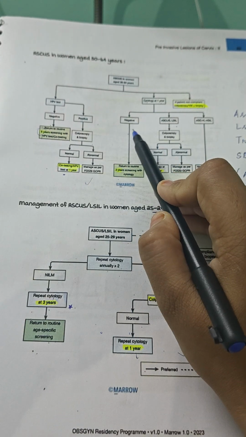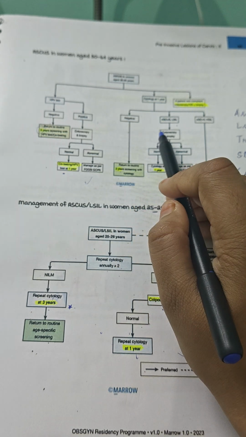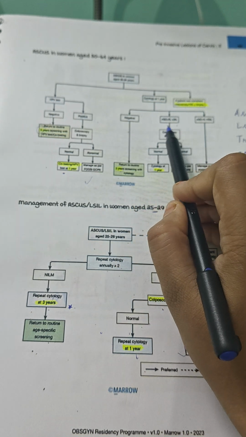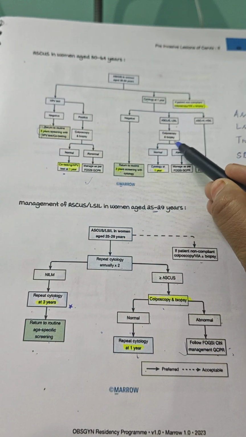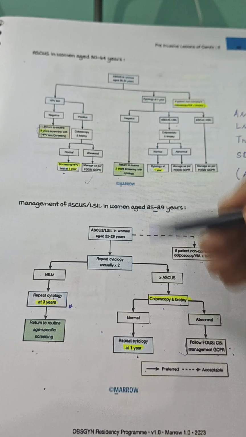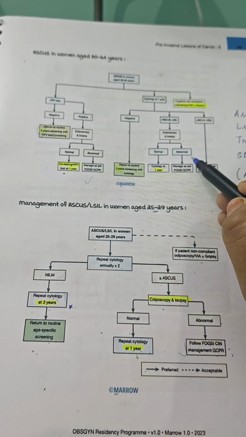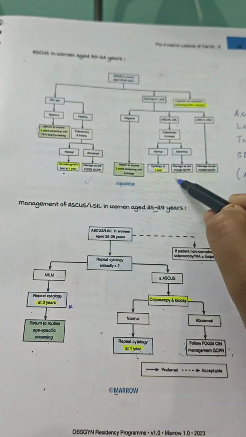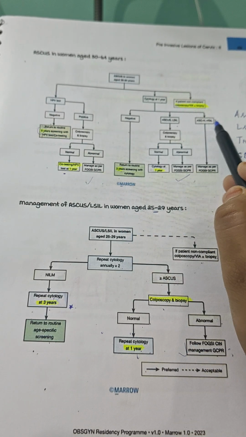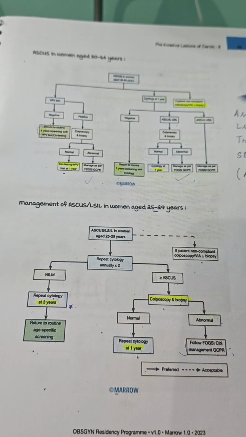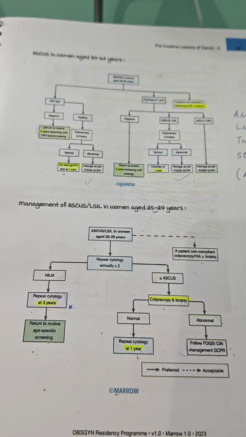If it is negative, then 3 years routine screening is recommended, and if the cytology shows low grade lesions, then we will go for the colposcopic directed biopsy, and if it is normal, then again we have to monitor her for 1 year. And if it is abnormal, then same management like this. And if high grade lesions like HSIL or ASC-H are present, then monitoring is going to differ further.